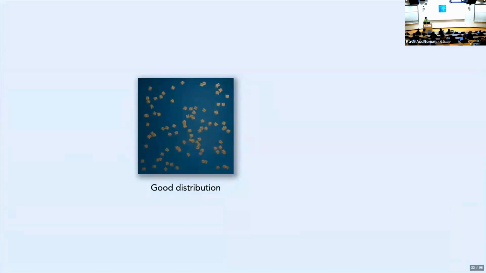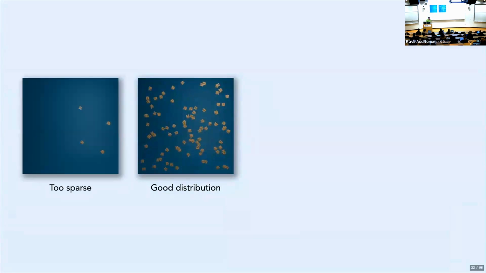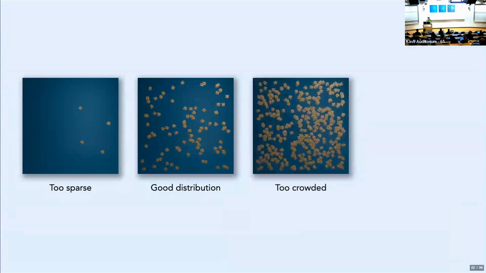Ideally, your images kind of look like this, where you have a pretty even spread across the micrograph of where your particles are, and they're all in random orientations. If they're too sparse, you have to collect way, way more images to get enough to make a map. And it'll be harder because you have more space that doesn't have your particle. You'll have more junk picks as well. If they're too crowded, the particles will overlap. And that can cause problems with picking and alignment, things like that.